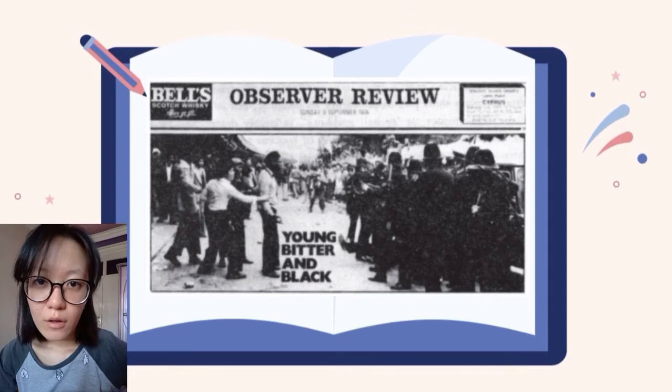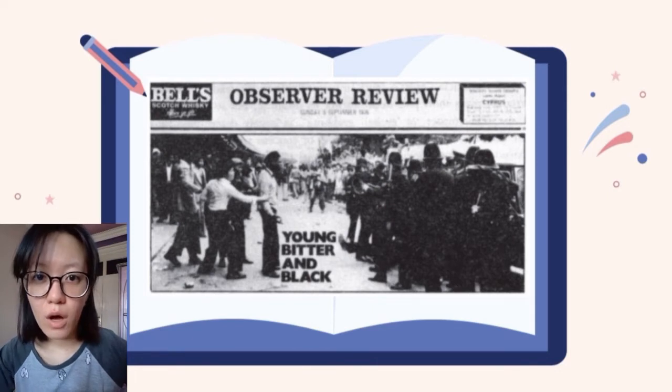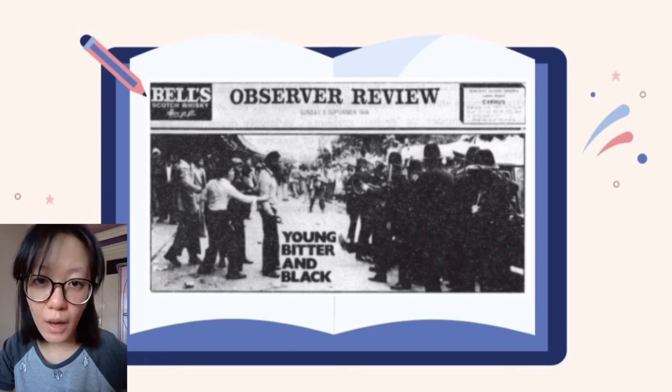And also there are the words young, bitter, and black in heavy black print in the middle of the photograph. So all of this, the words, the position, and the typeface, underlines the connotation of this conflict.